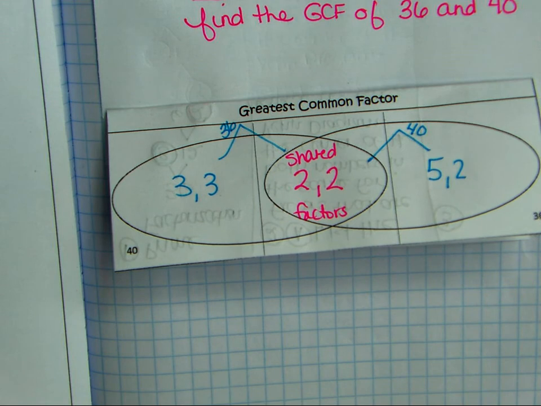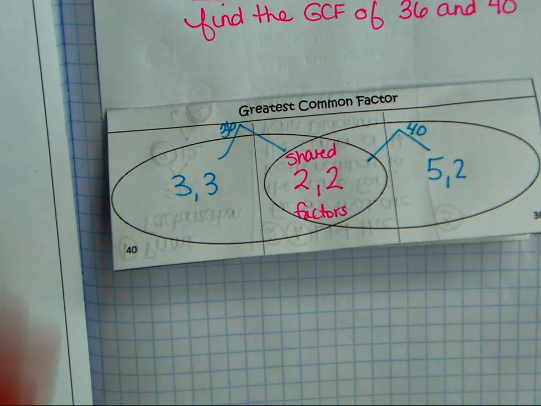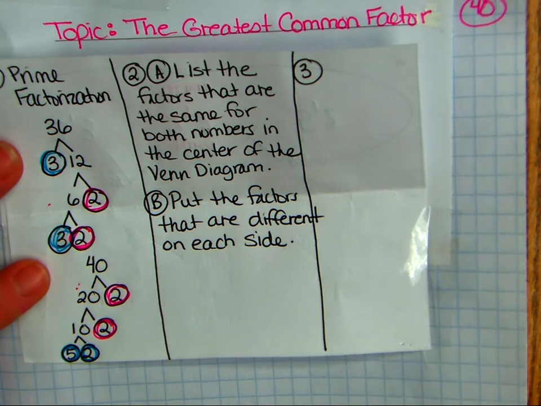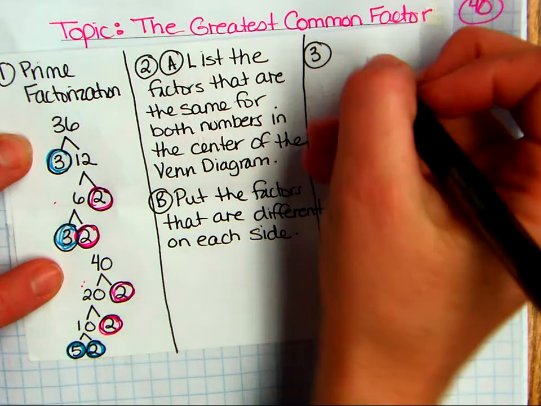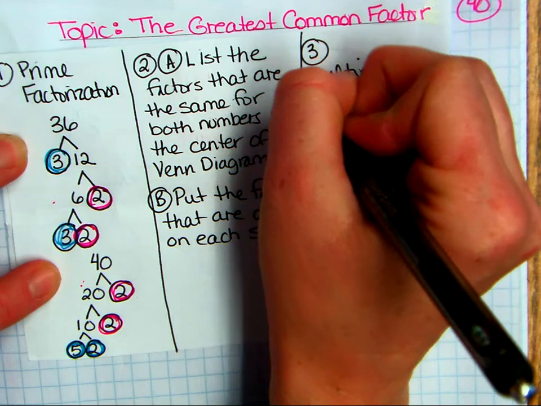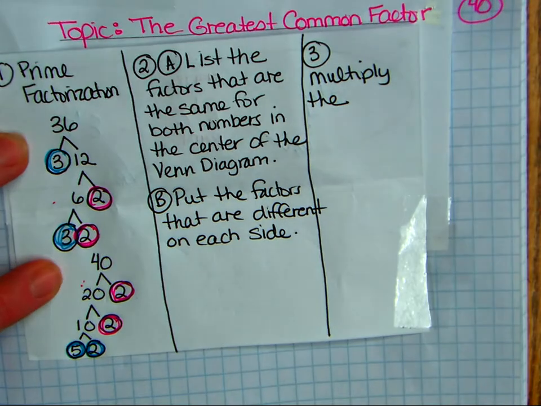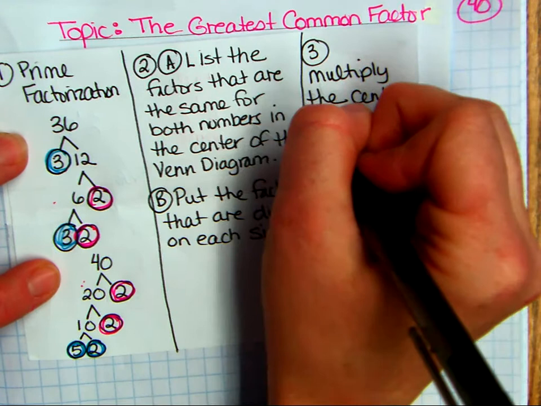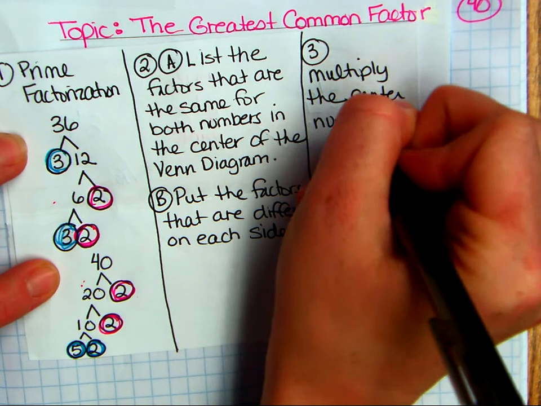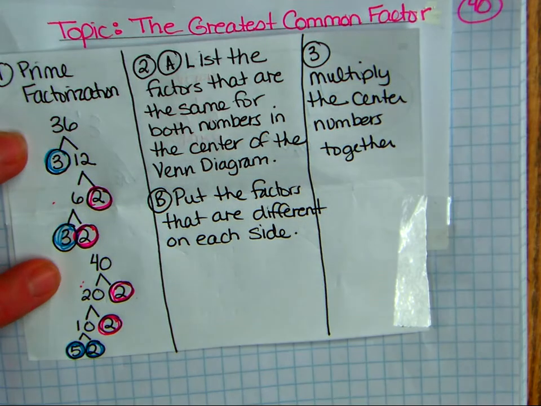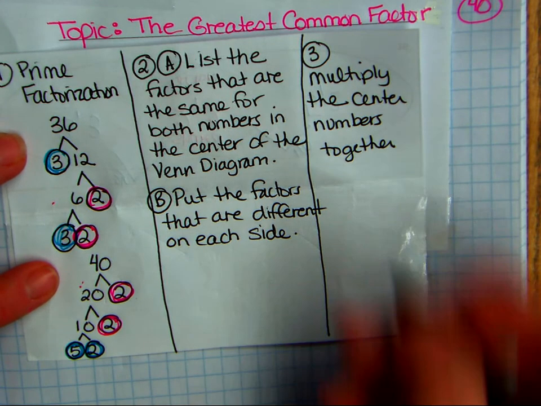All right? Here we go. Now we're on the third step. The final step is we're going to multiply the numbers in the center, or the center numbers together. Remember, those center numbers are the factors that are shared.